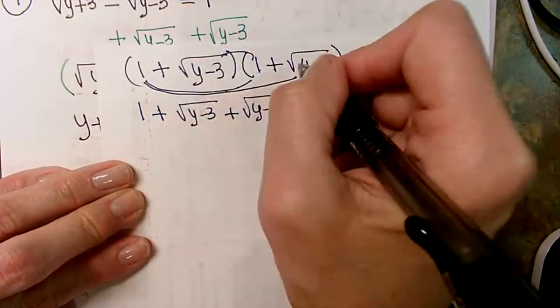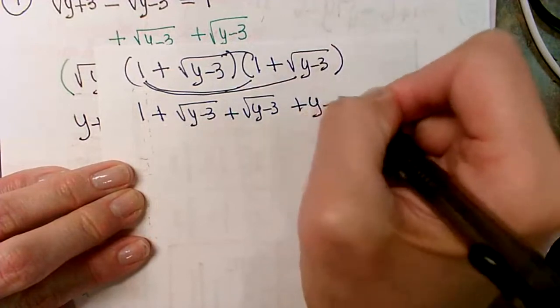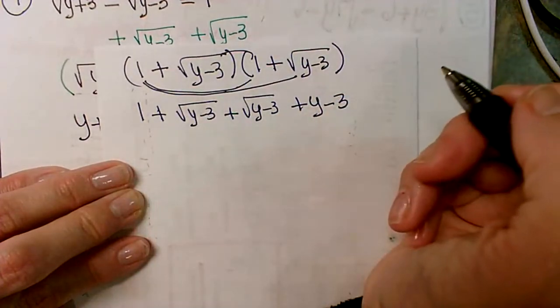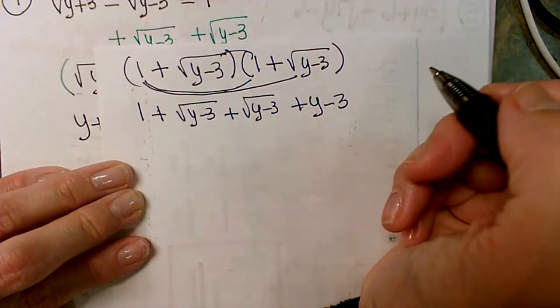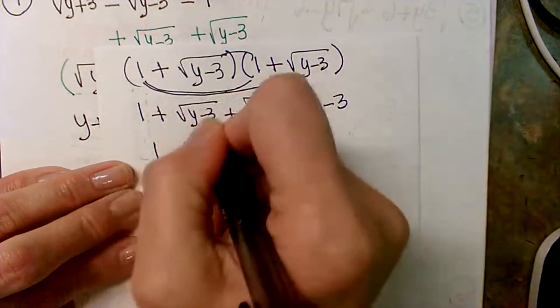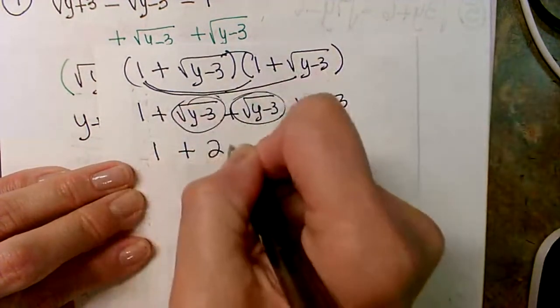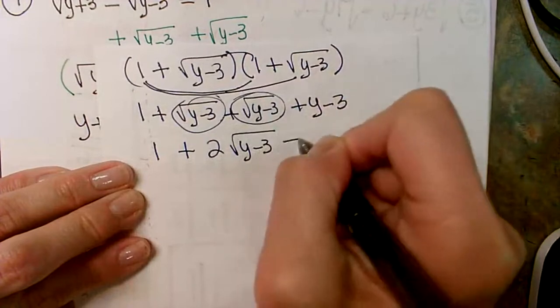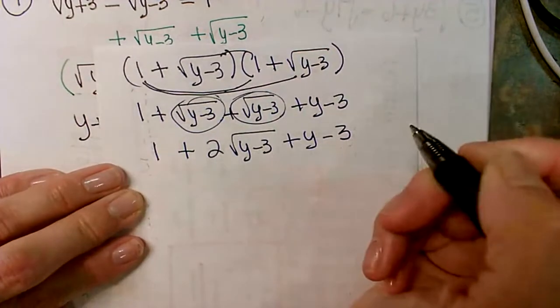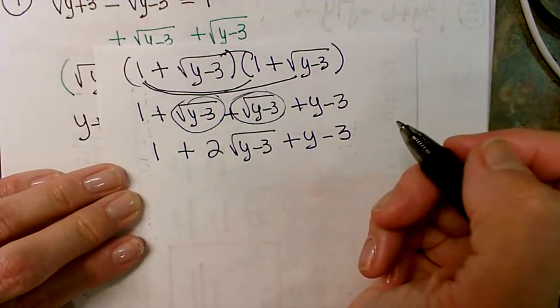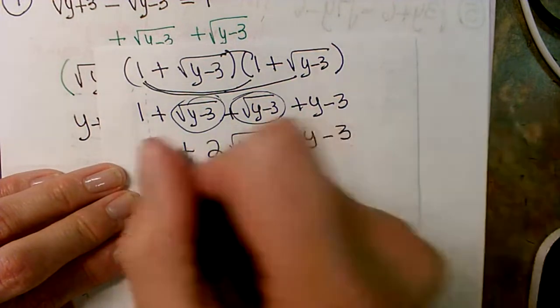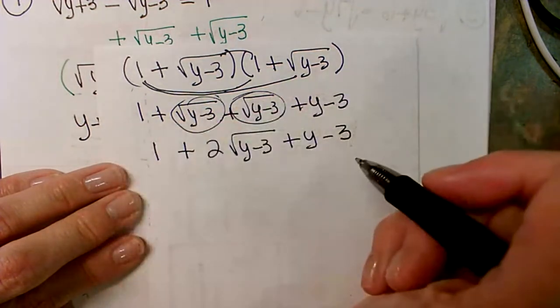This one is squared. What do we get? What is inside, right? So we have 1 plus 2 times the square root of y minus 3 plus y minus 3. And yes, I can combine these ones. All right?